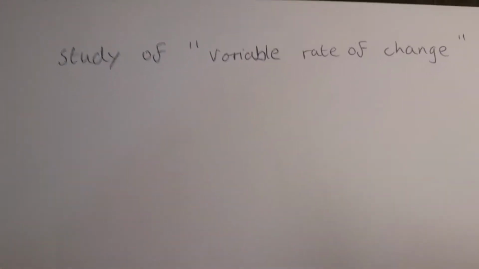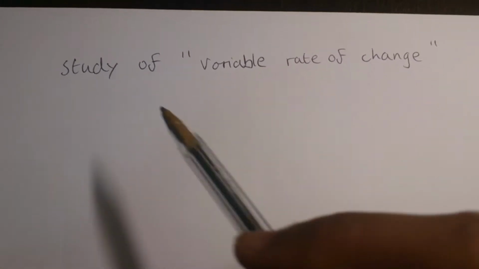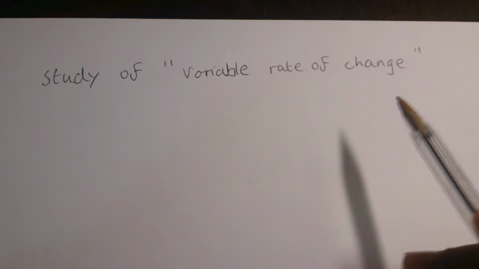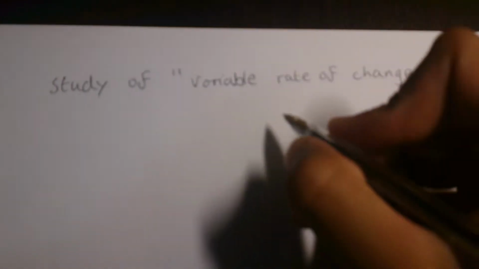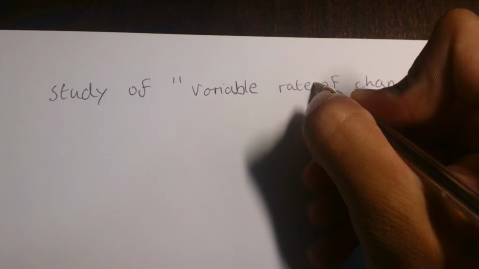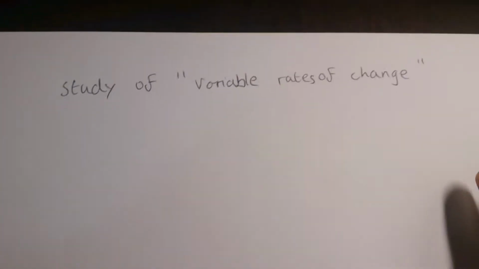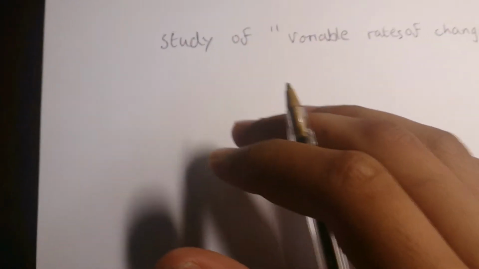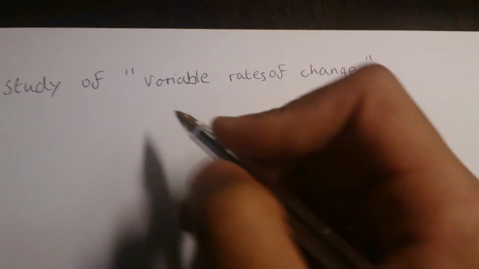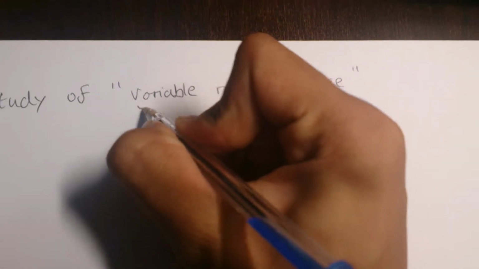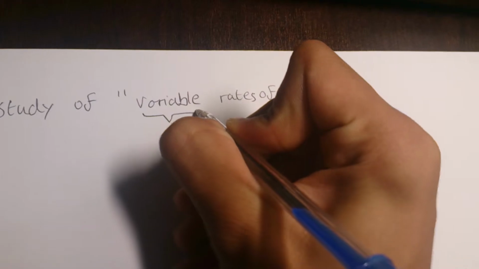So, to put it simply, calculus is the study of variable rates of change. And I will explain what I mean by that, but maybe you can take a hint from the word variable here.